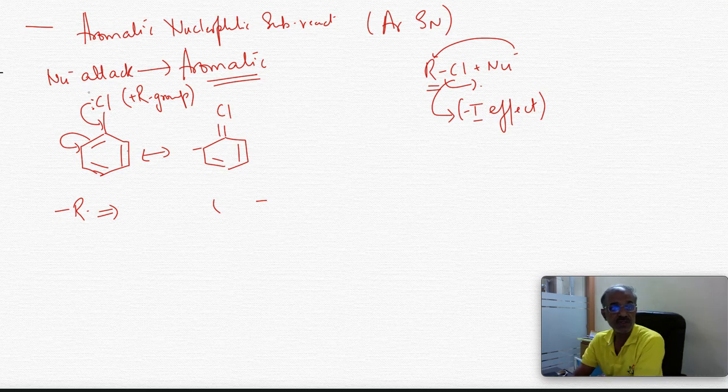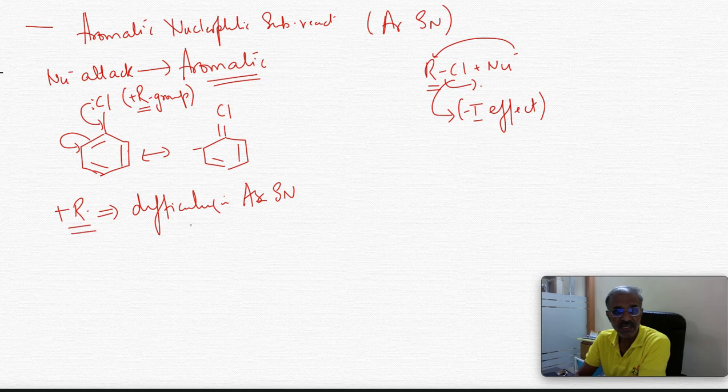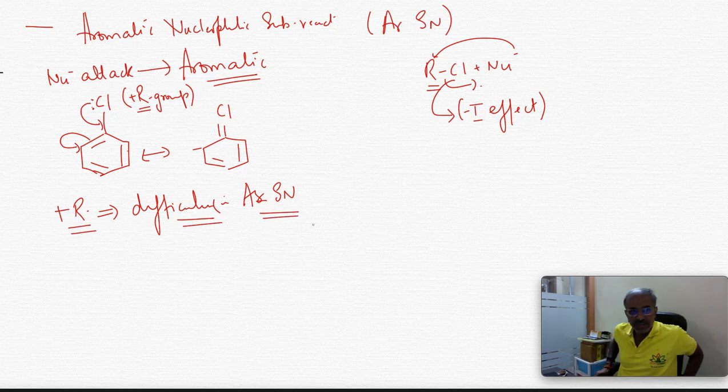This was a plus R group, it was donating. That means a plus R group will create difficulty in aromatic nucleophilic substitution reaction, because the reactivity will decrease.